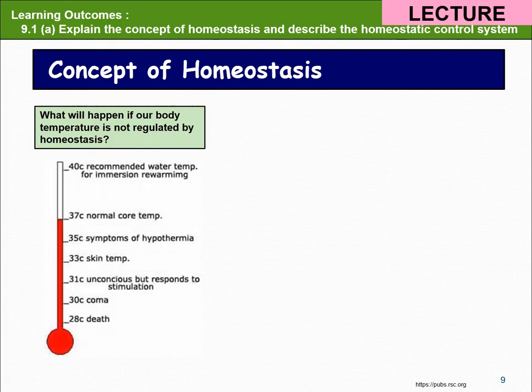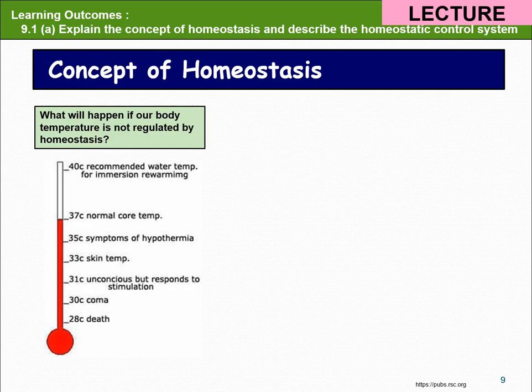Our normal body temperature is 37 degrees Celsius. If our body temperature drops, it may lead to death. For example, if someone fell into an icy lake, his or her body temperature will suddenly drop, and if not taken to medical attention as soon as possible, it may lead to death.